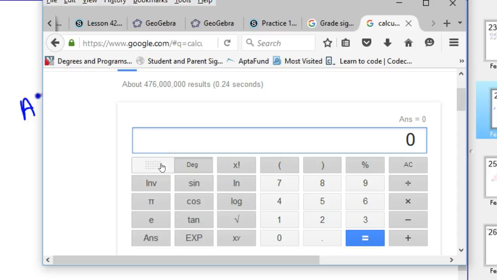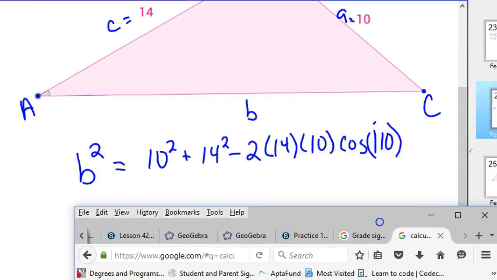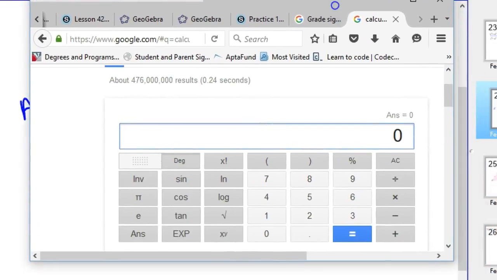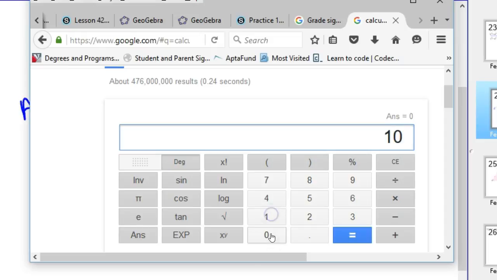And we're just going to plug this thing in. So there it is, 10 squared plus 14 squared. So we'll just plug that right in here. So 10 squared, let me find the squared key. I guess it doesn't have one. We'll just put 10 to the second plus 14 to the second minus 2 times 10 times 14 times cosine of 110 degrees.